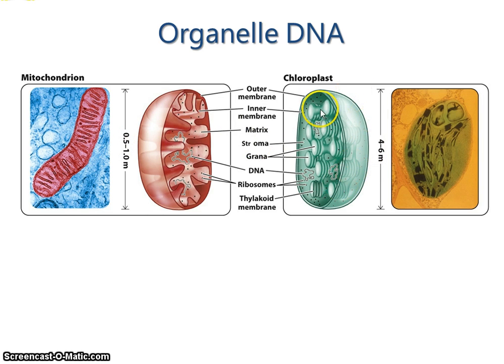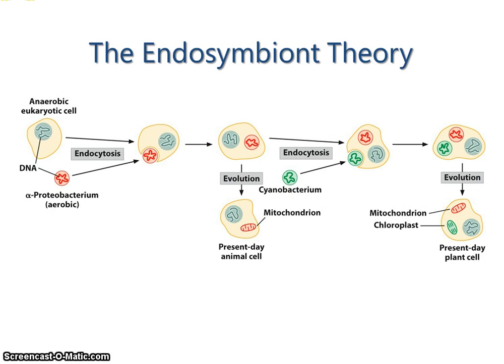They make ATP. Chloroplasts harvest energy from sunlight. Mitochondria use the electron transport chain. Okay, so we start out with an anaerobic cell that takes up an aerobic protobacterium that then starts making energy for it.